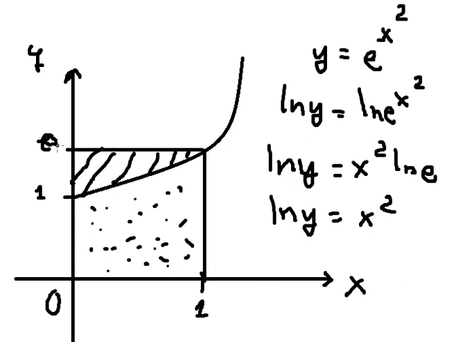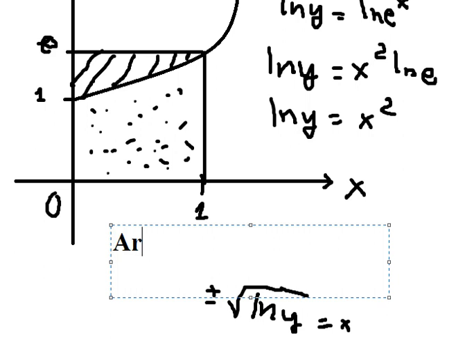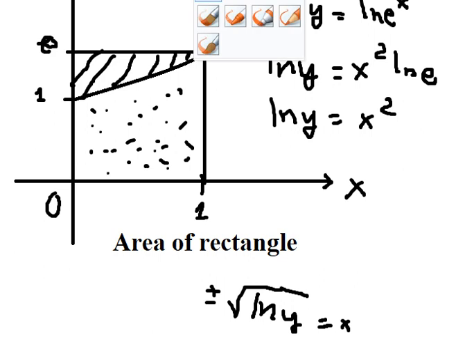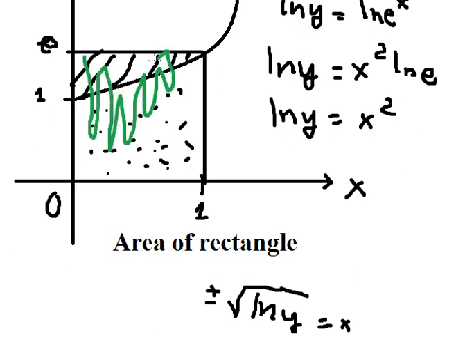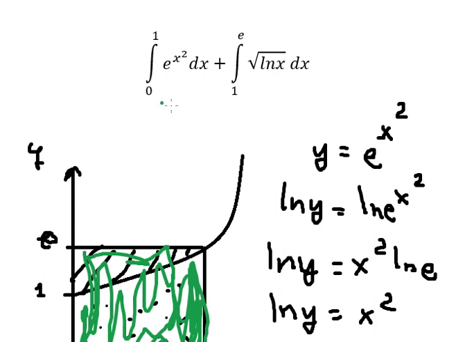When we combine the two areas, we can see that this is the area of a rectangle. That means it is about this one. So we want to find the value of this one.